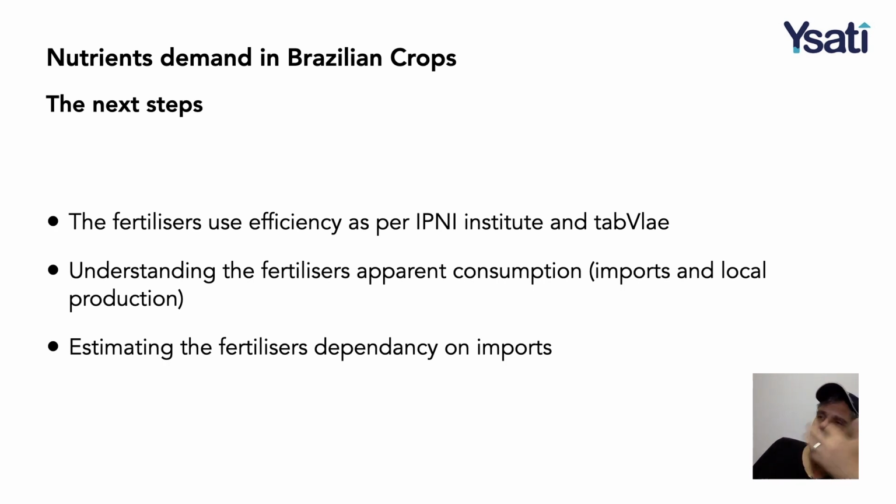They did that before me, so I guarantee you that I'm using the same criteria they used. That's what we have in our data set. Understanding the fertilizer consumption, imports, and local production, that's the next step. And then estimate really the dependency on imports. So these are the next steps.